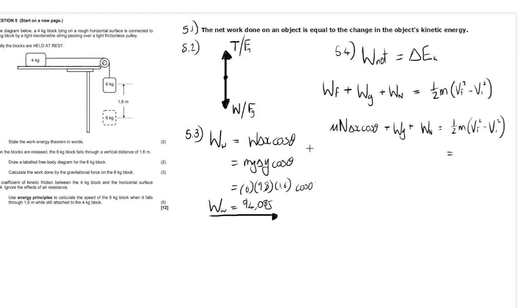The mu is 0.4. The normal is the mass times gravitational acceleration, 4 times 9.8. The displacement is 1.6. If the 6 kilogram block moves 1.6, then the 4 kilogram block will also move 1.6 meters, because they're connected over a light inextensible string.